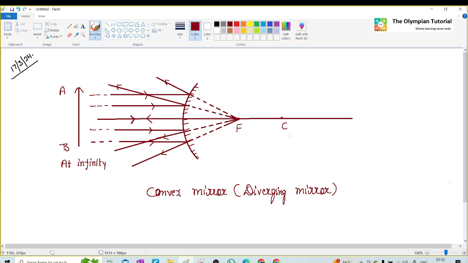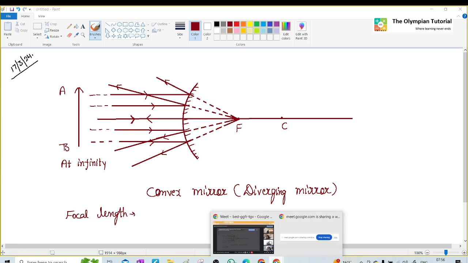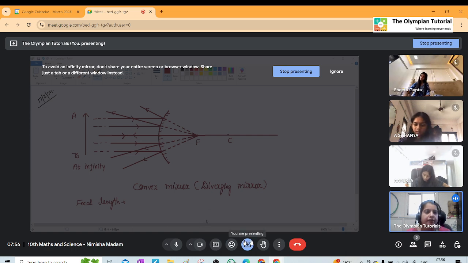We have written the definition of focus point, but we have written only the focus point definition, not focal length. Focus, then write down focal length.